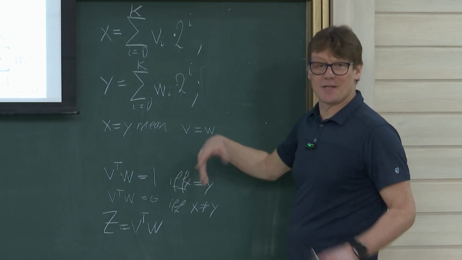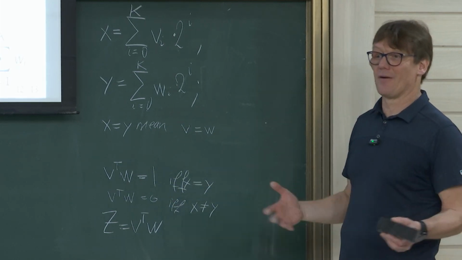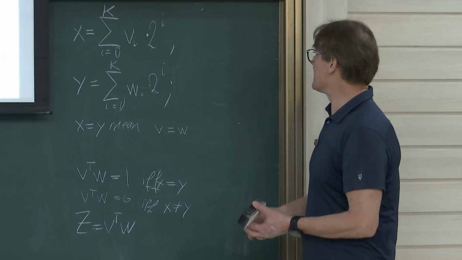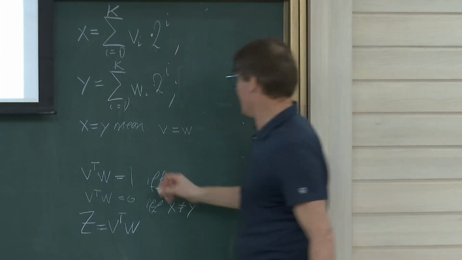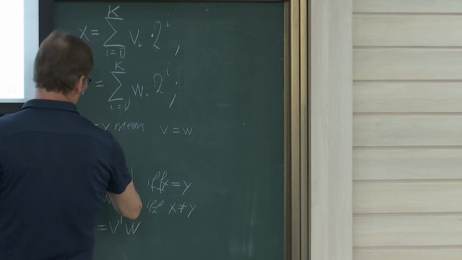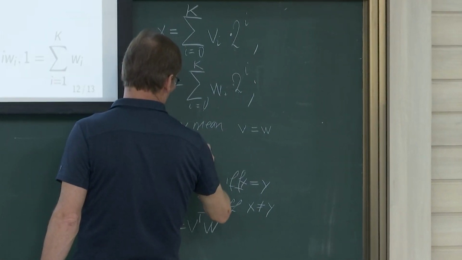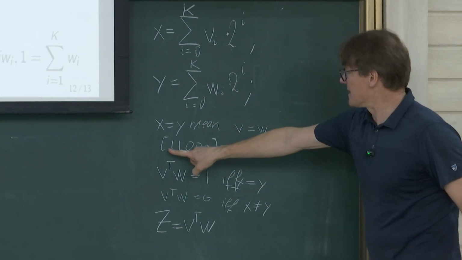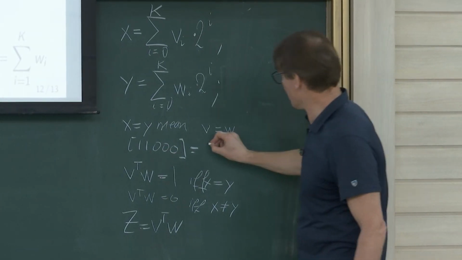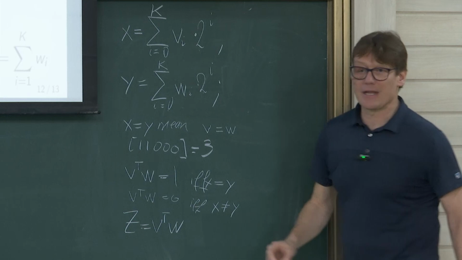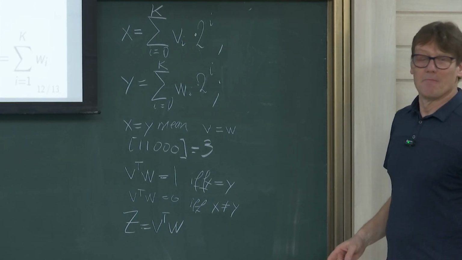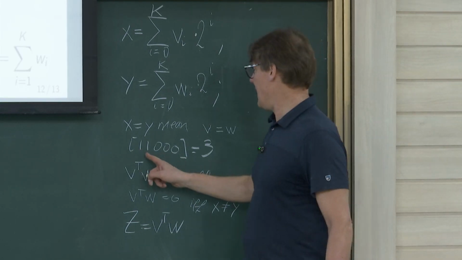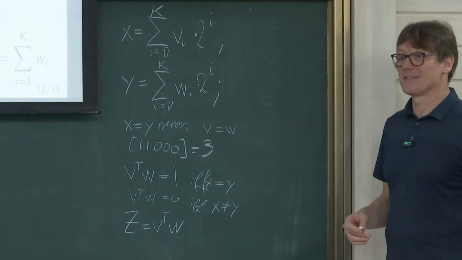So V transpose W is no longer 1 because this is now a binary encoding. Can somebody tell me which number this is? This is 1 plus 2. This is 3, right? That's the binary encoding of 3. But now it's not 1.